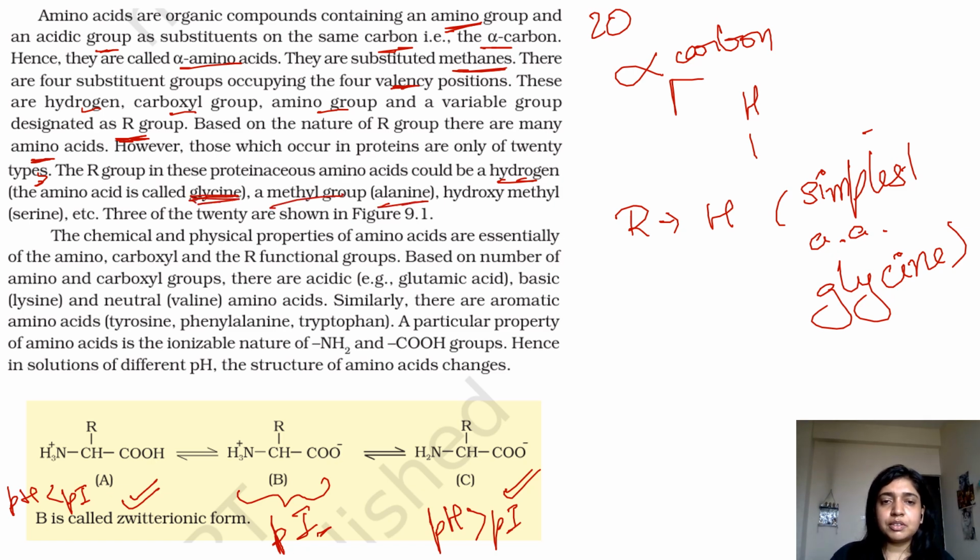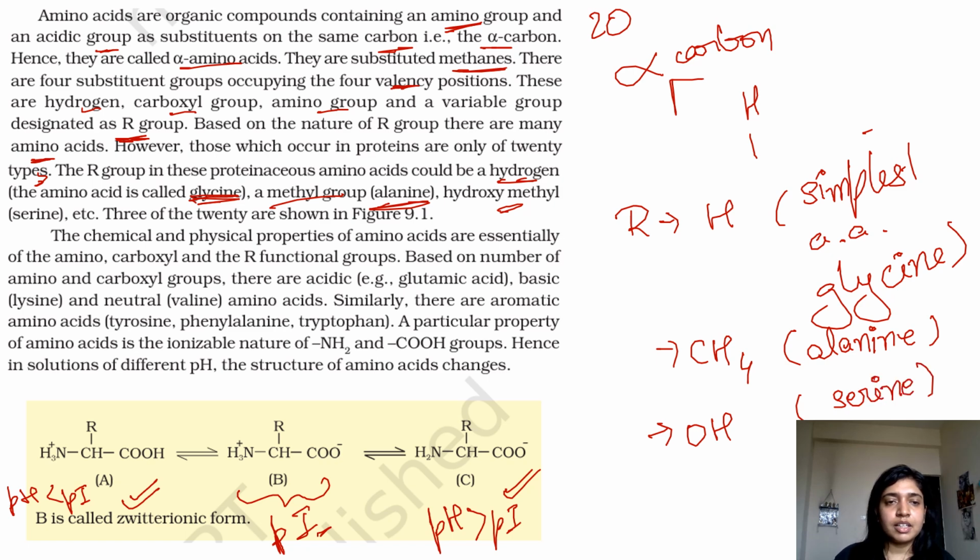A methyl group, alanine. When R is CH3, then it becomes alanine. Hydroxymethyl, that is if it's CH2OH, then it becomes serine. Three of the 20 amino acids are shown. We'll be seeing the amino acids in the next slide.